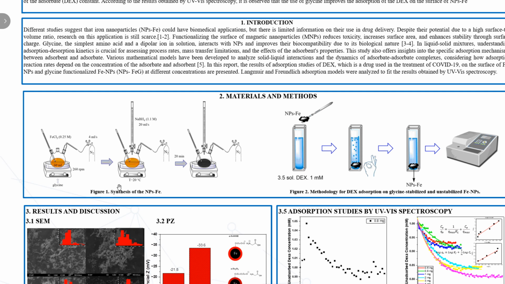The system was maintained at a temperature of 20 degrees, and then the sodium borohydride solution was added to the flask, and the reaction was maintained for 20 minutes. The nanoparticles were separated with a nylon membrane and washed with acetone. Once obtained, the iron nanoparticles were dried under vacuum. These iron nanoparticles present a black color.